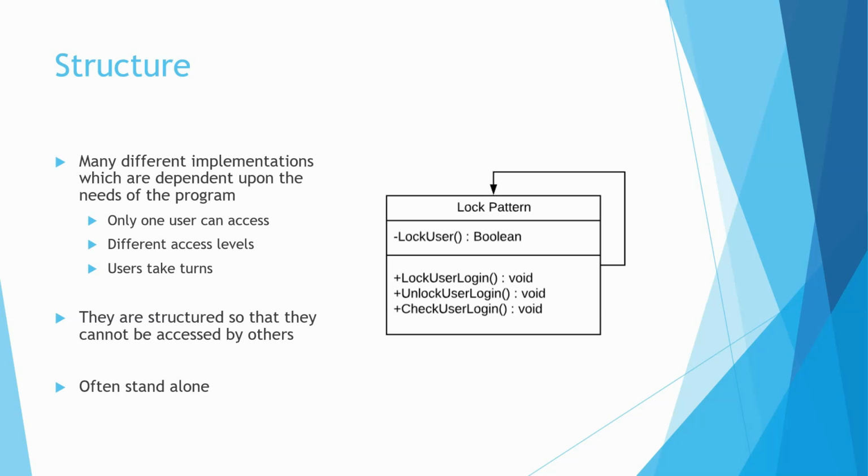Another structure would be where different access levels are allowed, where one user can read and another user can write to data. This still prevents any data being overwritten, but multiple users can have access at the same time. The third structure is where users take turns and they all have the same or different levels of access.